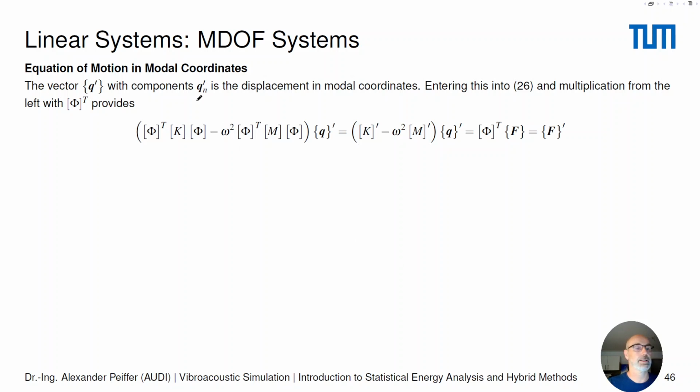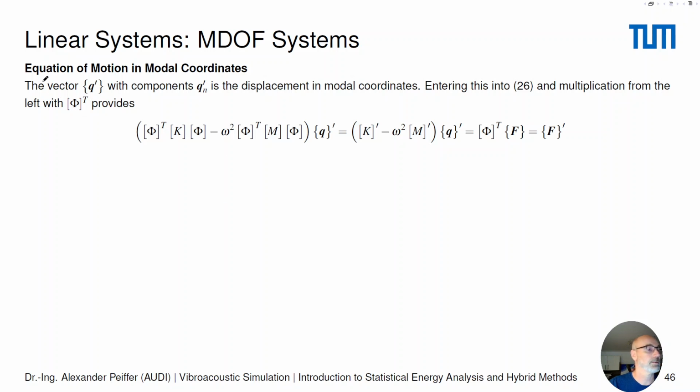If we enter this into our global equation of motion, and using all the transformation, and then using the left and right multiplication of this mode, it would look like this.